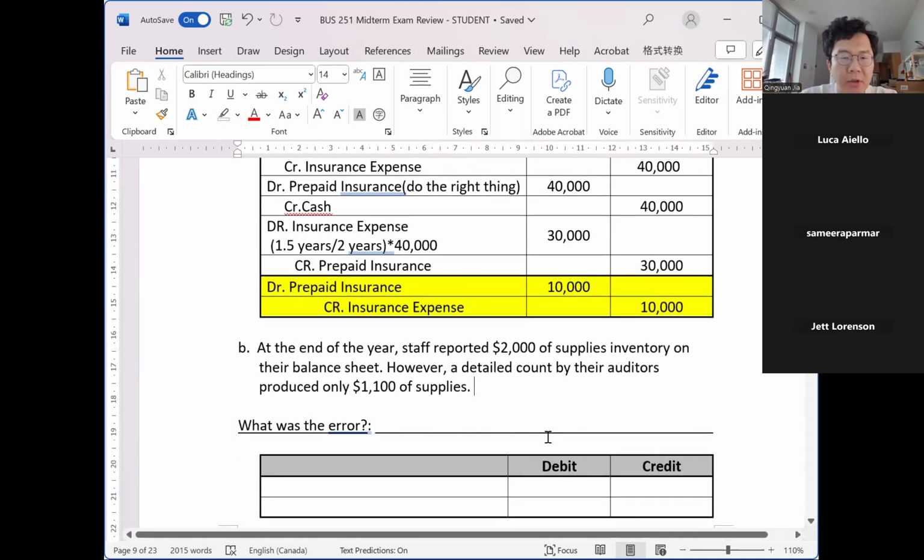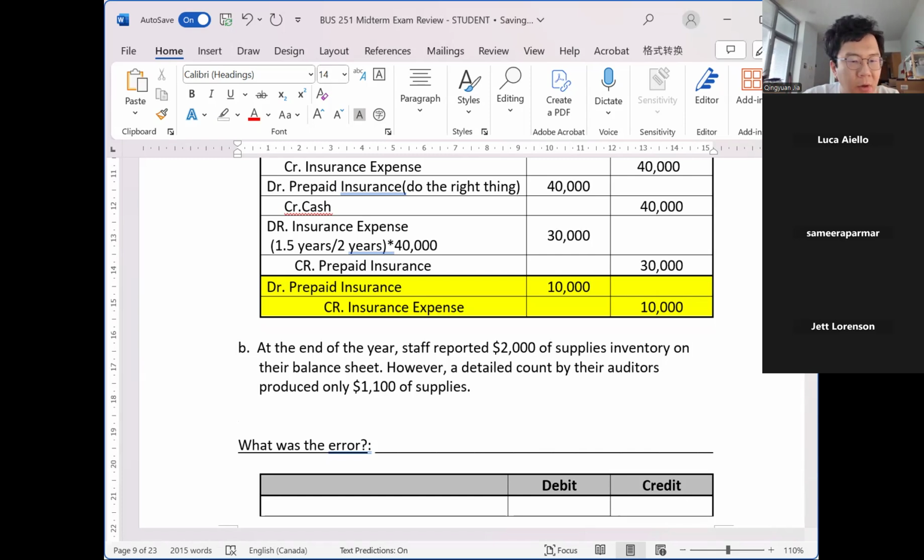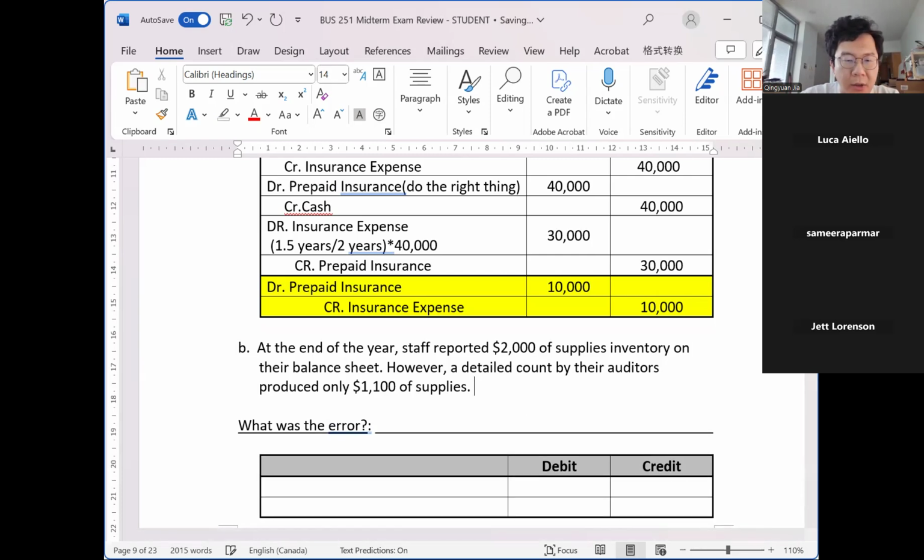So at the end of the year, staff report 2,000 of supply inventory on the balance sheet. However, a detailed count by the auditors produced only 1,100 of supplies. So what is the error? Actually, there is no error.